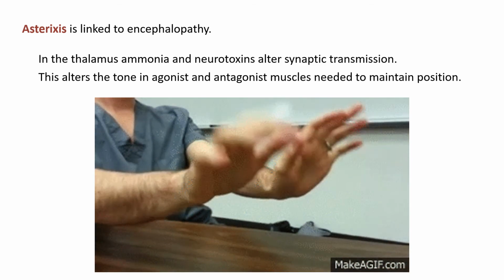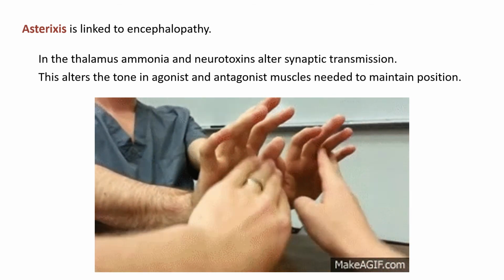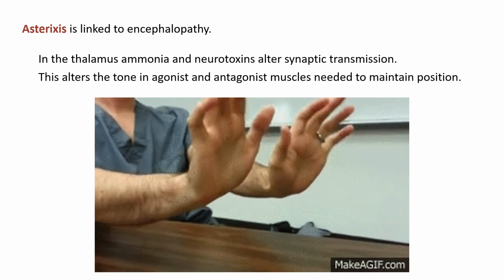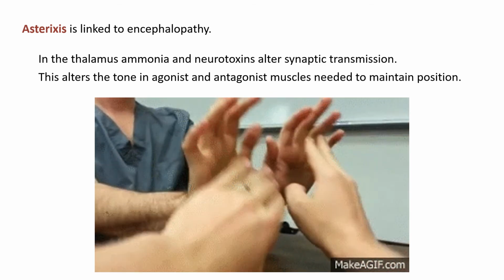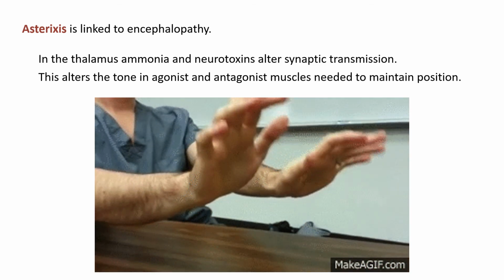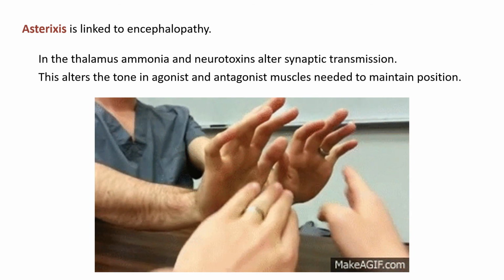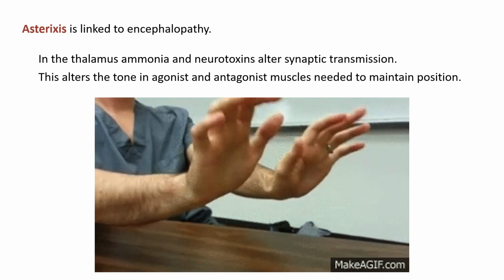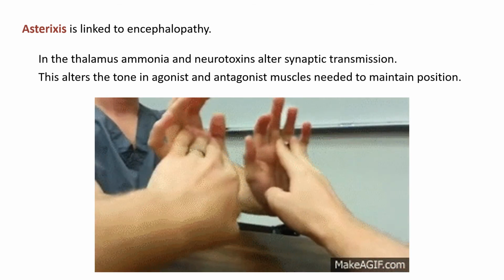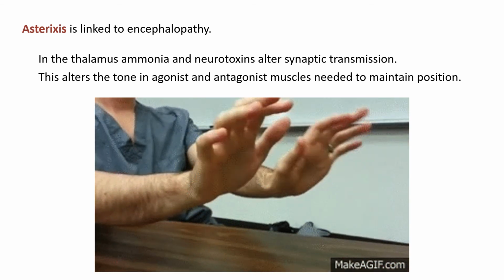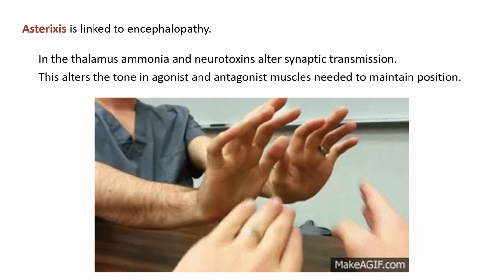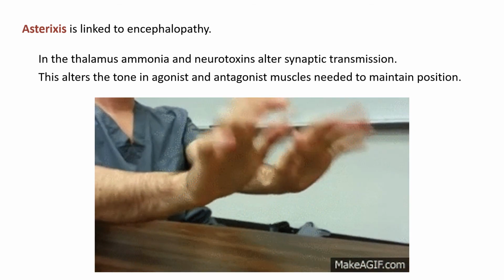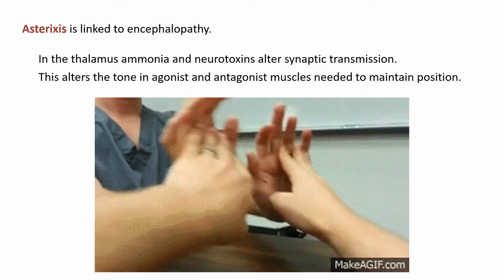Remember way back when we talked about the cross extensor reflex, we talked about reflexes, and we said that obviously the muscle that's contracting needs to be stimulated, but we need to inhibit the antagonistic muscle to cause it to relax. And this is impacting on our ability to do that, and for some reason it gives us this bizarre phenomenon of asterixis.